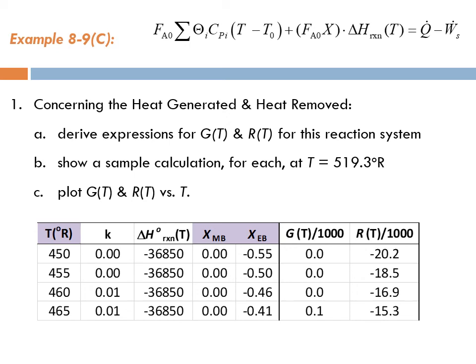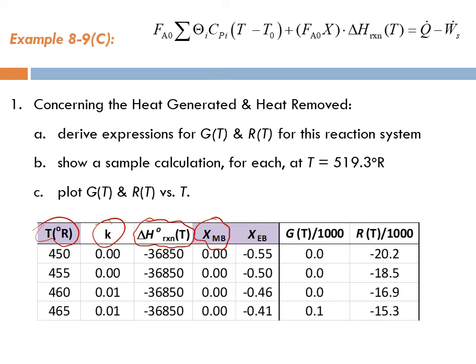So this is the T which I'm varying, and after I vary T, I calculate K. And of course, the value of delta H reaction is given, so it's very easy to calculate XMB from the expression of XMB that we just developed.